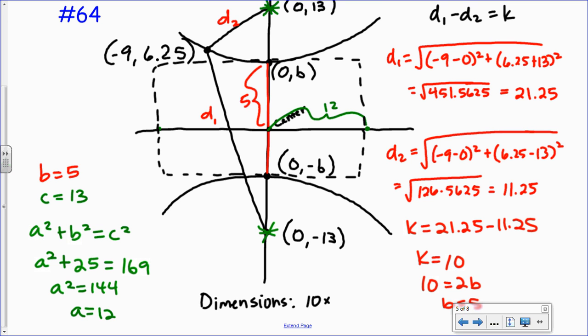Okay? And if A is 12, then that whole width is 24. And I use a little times sign to represent by. 10 by 24.